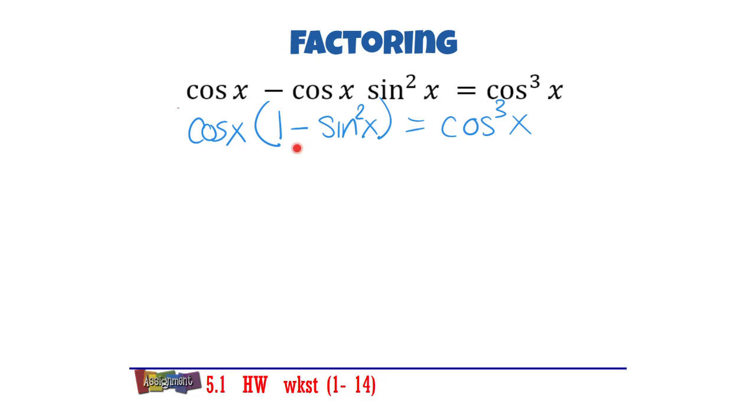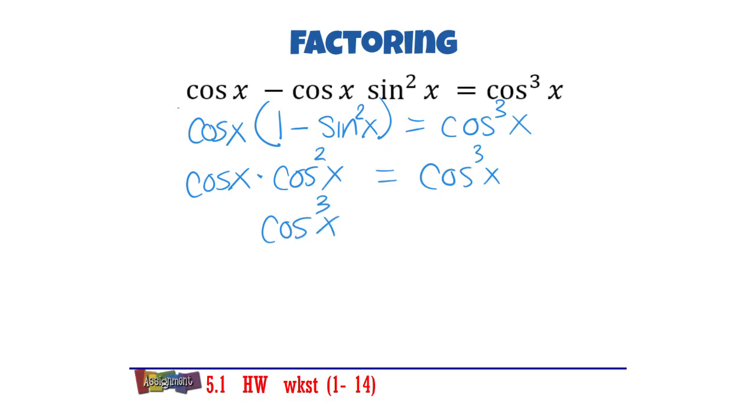Okay, hopefully you recognize this from what I just got done talking about on the last slide. This is a Pythagorean identity that's been rearranged. A 1 minus sine squared x is really a cosine squared x. And a cosine x times a cosine squared x is a cosine cubed x. And I've matched them. So I just verified that identity.